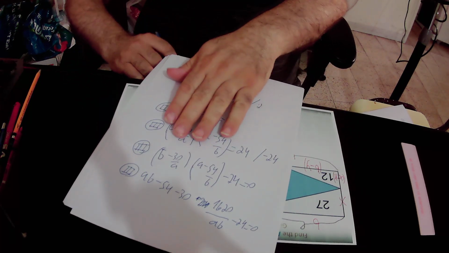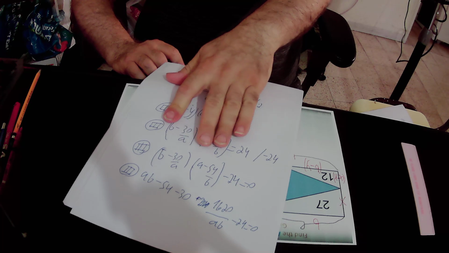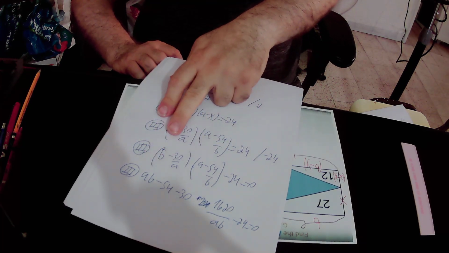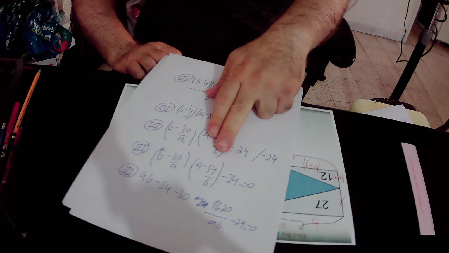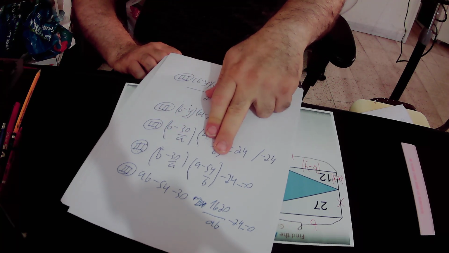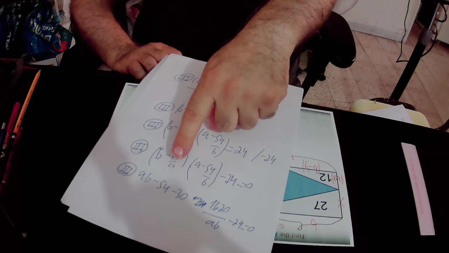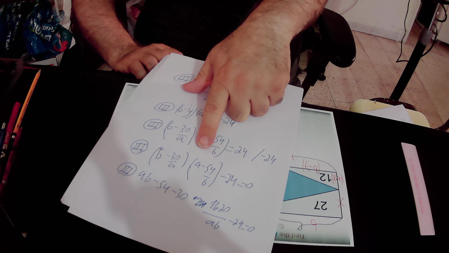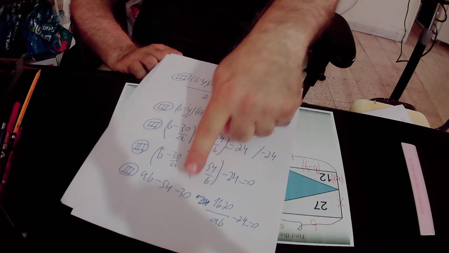Okay, we opened the brackets here, so b times a equals BA or AB, it is the same. Then b times negative 54 over b equals negative 54. Negative 30 over a times a equals negative 30.